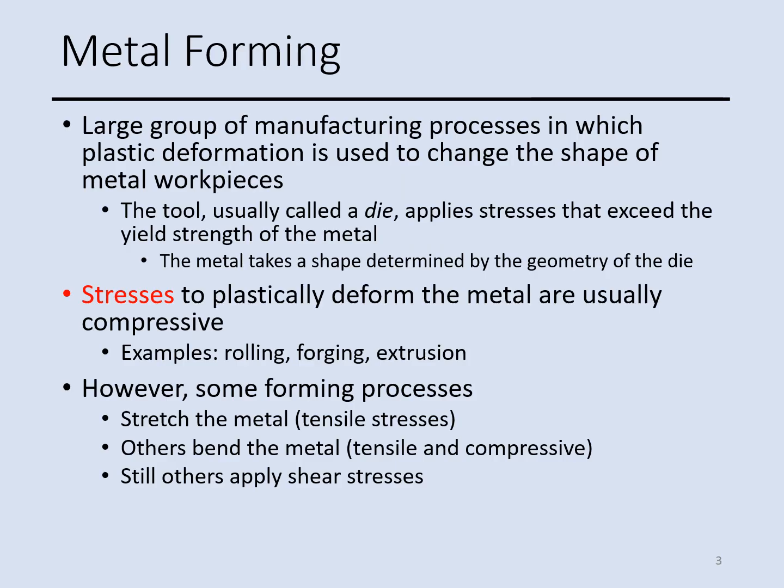What is metal forming? Metal forming is a manufacturing process in which plastic deformation is used to change the shape of metal workpieces. Plastic deformation in metalworking is very important.